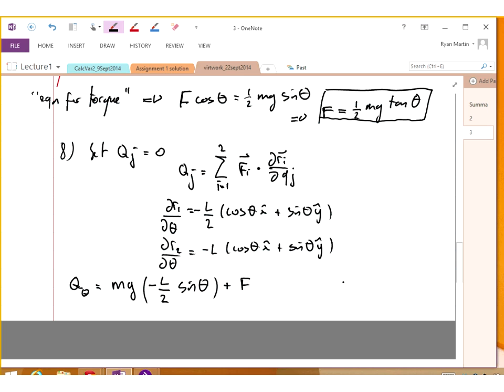And so then we find that Q_θ is L times a half mg sin θ, with the minus at the front here, and then a plus here F cos θ.